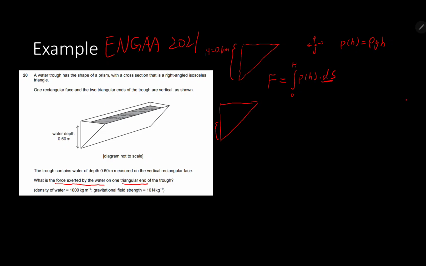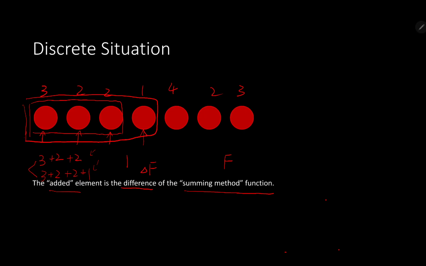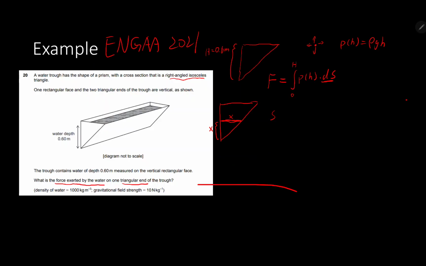Again, what is ds? If I calculate it from the bottom to the top, because it is a right-angled isosceles triangle, it has the same length of x. I want to write the summing method function. So the area I already added, s of x, is equal to 1 over 2 of x squared. So what is ds? ds is the area that I've added recently.